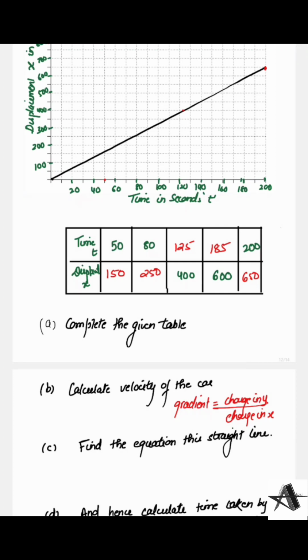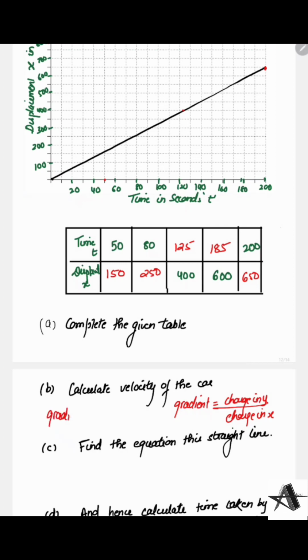What's the formula of gradient? Change in y over change in x. You just need to substitute the values written on the y-axis and the x-axis. Gradient is change in y over change in x.